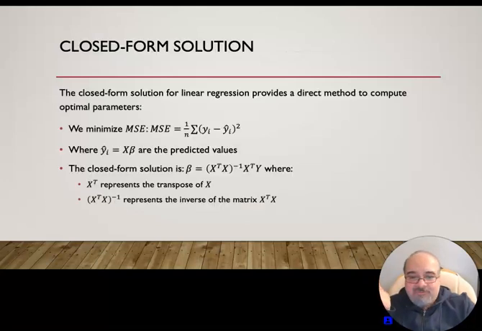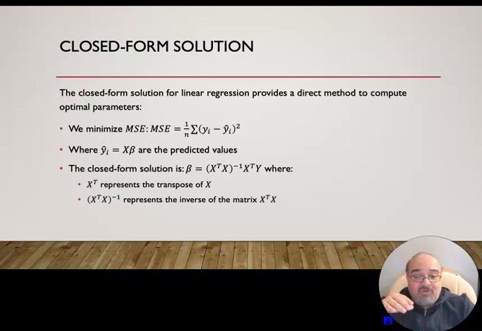This is, of course, different from the closed form solution that we saw. The closed form solution for linear regression allows us to directly compute the optimal model parameters without iterative methods like that. And that's possible because the loss function, the MSE, is convex and differentiable.